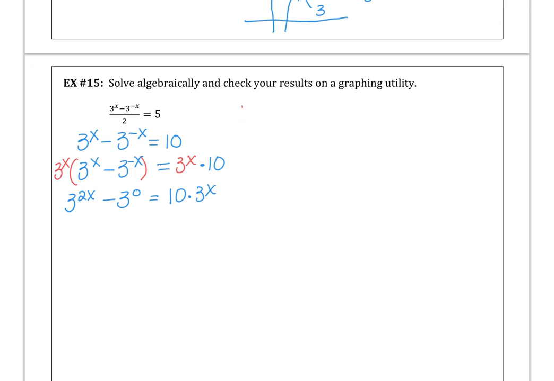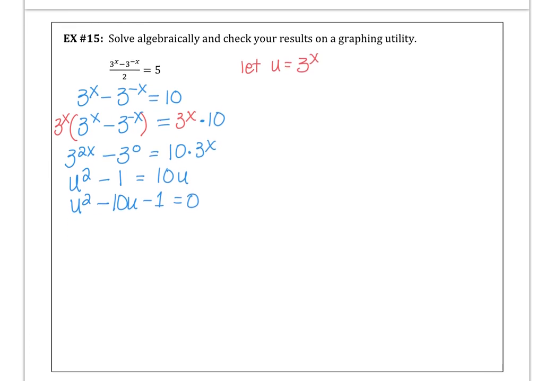And then we want to let a u substitution represent 3 to the x. So we have that quadratic, u squared minus 1 equals 10u. So bringing those terms together on one side, that is not something that you can factor.